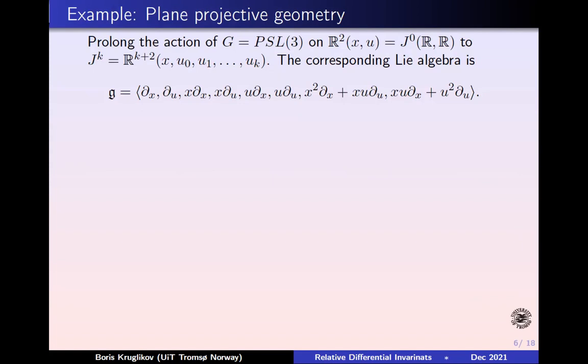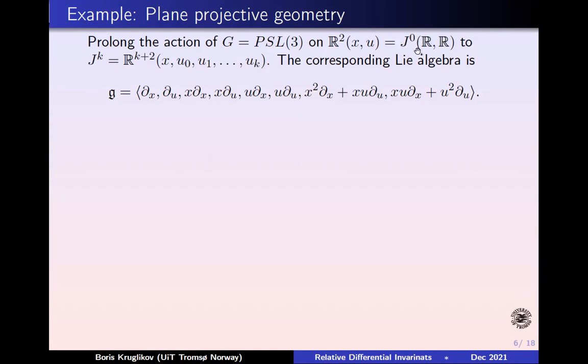So if you would like to say it acts on R2, then actually I assume it's a pseudogroup, right? Because it's just local actions. Things are just locally defined there. So I identify this plane R2 with the space of 0-jets of maps from R to R. And the first R coordinate will be x and the second R coordinate will be u.